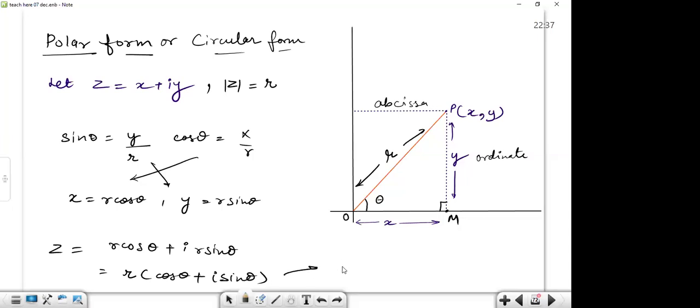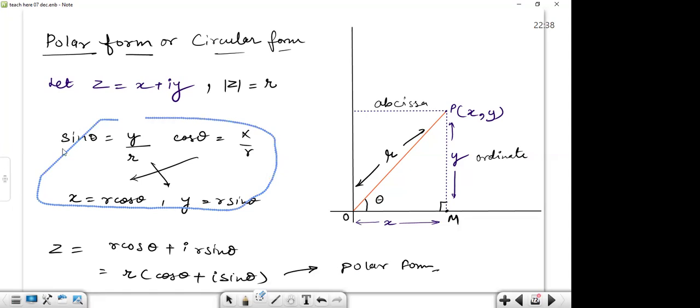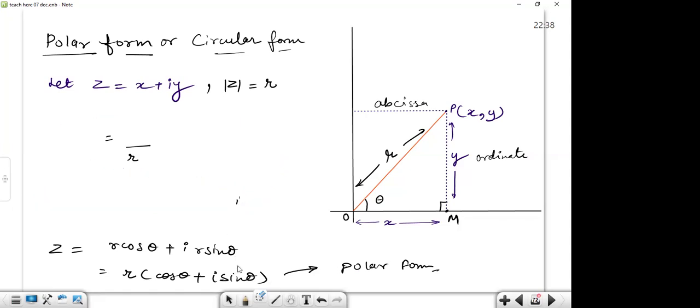So this particular representation is known as polar form or circular form, but most popularly as polar form of complex number. Clear? Any doubts, anyone? Okay.